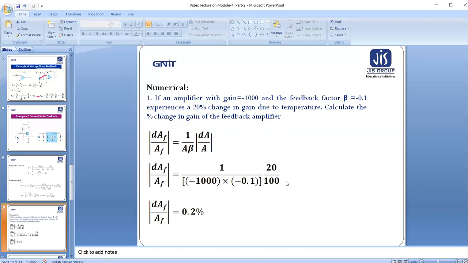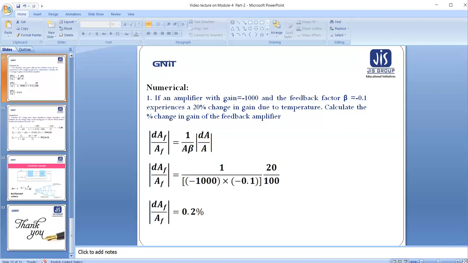After calculation of this entire term, mod dAF by AF becomes 0.2%. How fantastic, that without feedback it was a 20% change, but after feedback the gain change becomes 0.2%. So it implies the gain change is very small, that means the gain becomes stable. This is the essence of negative feedback.